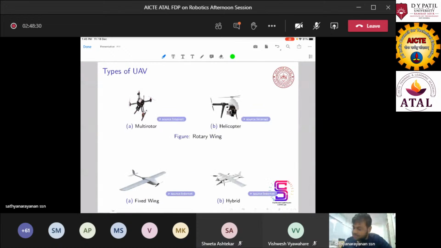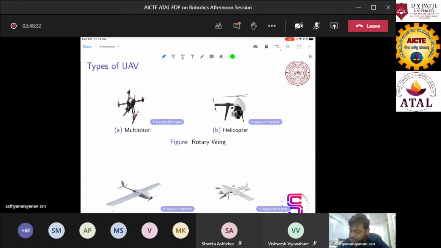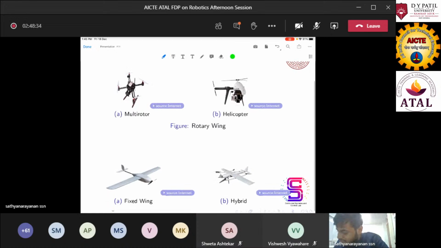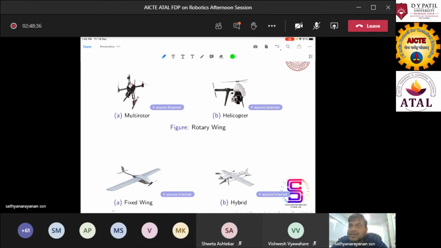So let's go into the types of UAVs. Based on how the lift force is generated, UAVs are broadly classified into two types: rotary wing and fixed wing. In rotary wing, the rotor rotates to generate the lift force, which means you are cancelling out the weight.